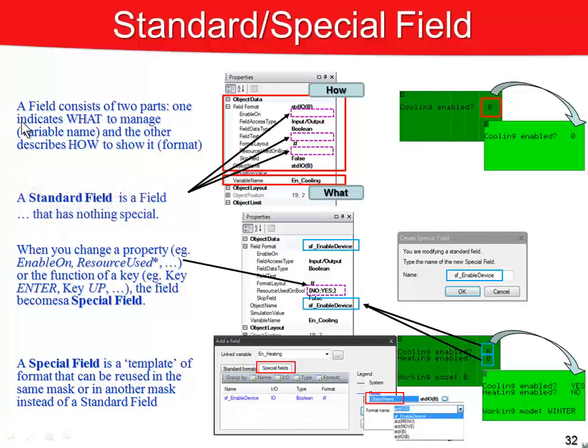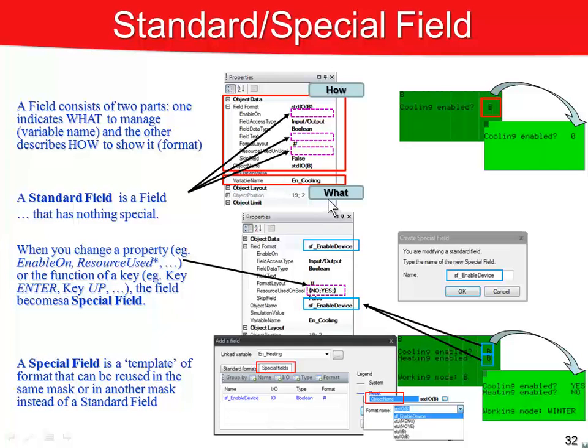So I will use this slide to explain what happened. You can see that when you place a field like this, the property window shows a lot of properties, but they are grouped in two parts. In the first part, there is how to show the value, and the bottom part, variable name, is what to show.